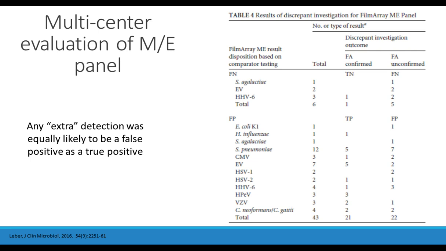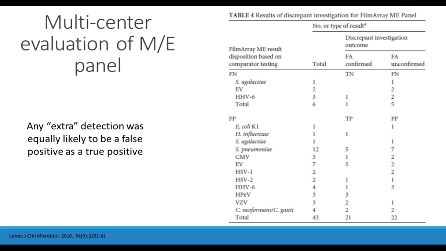And after doing some type of discrepant analysis, where did those fall out? What was interesting is that if you look at the table here on the right, the vast majority of issues are quote-unquote false positives, meaning things that were detected by the FilmArray that were not detected by the routine testing or the comparator testing.